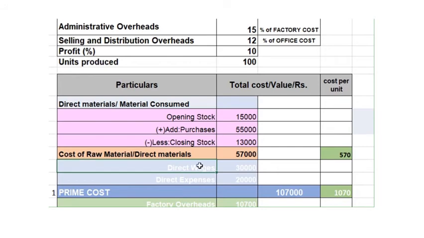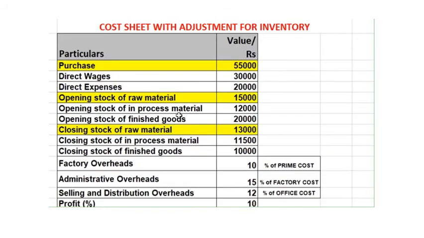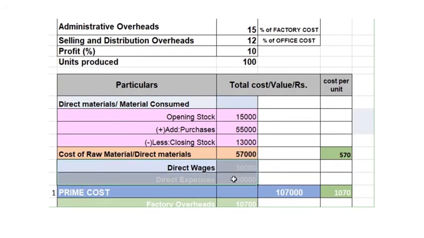What is the next item? First item is direct material in the cost sheet. Next item is direct wages. What are the direct wages that are given? Direct wages, direct expenses also we will take. Direct wages and direct expenses are 30 and 20,000.